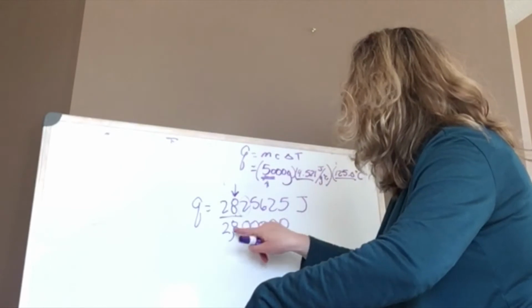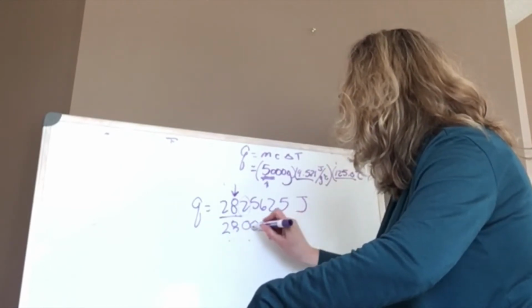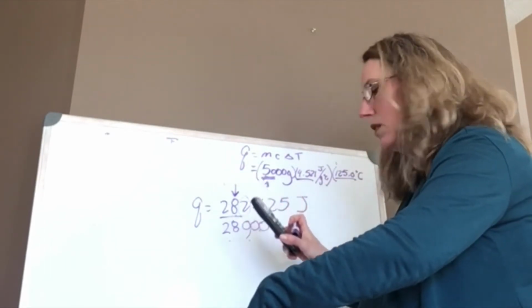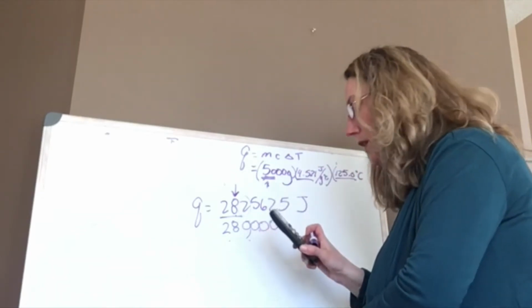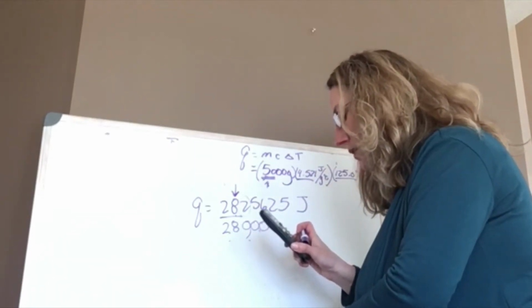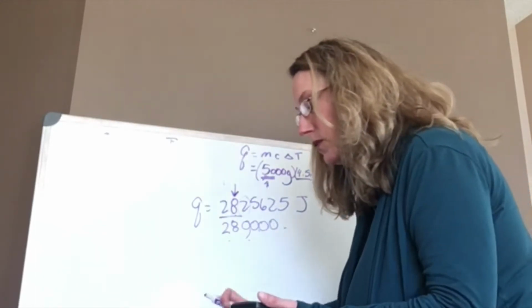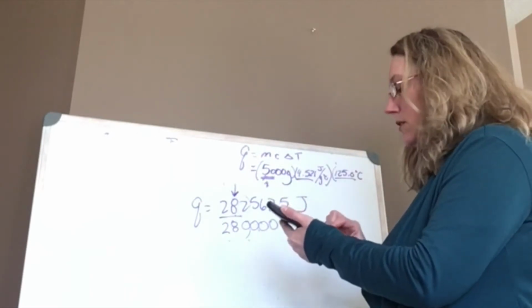They have in the book 280, so I have an extra digit here. But I don't know how I'm getting that wrong. 5,000, right? Times 0.452 times 125. I'll figure it out later, but it'll be too late.